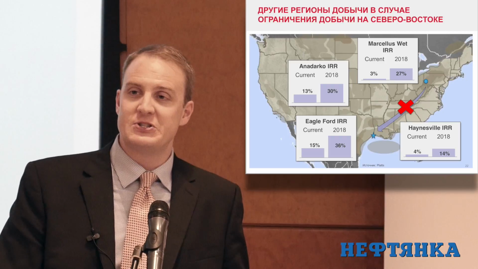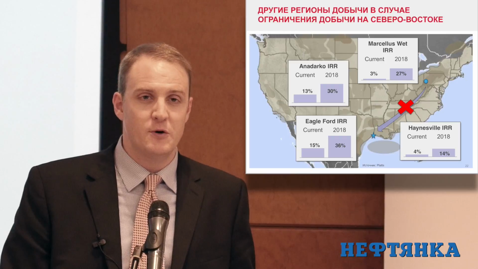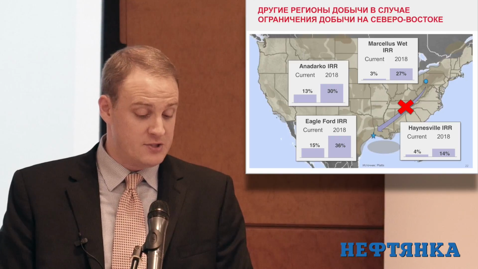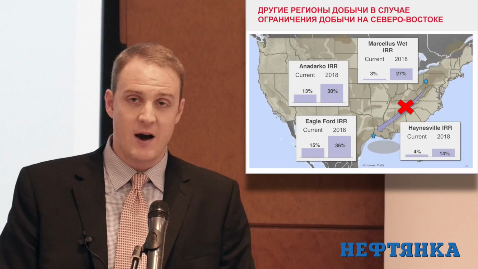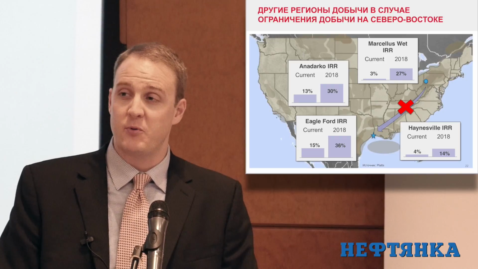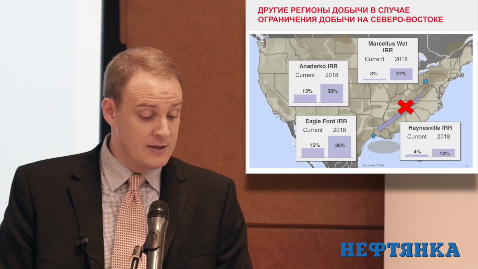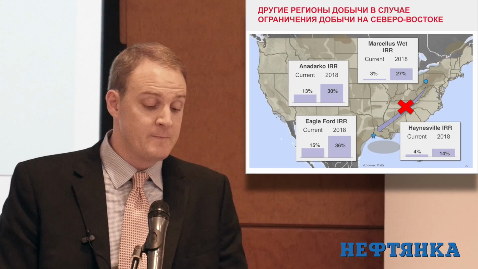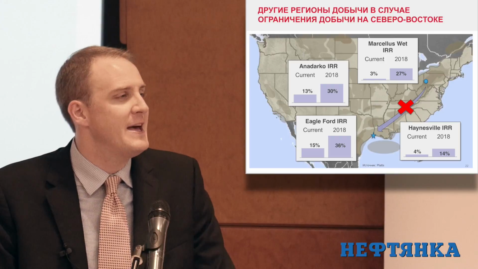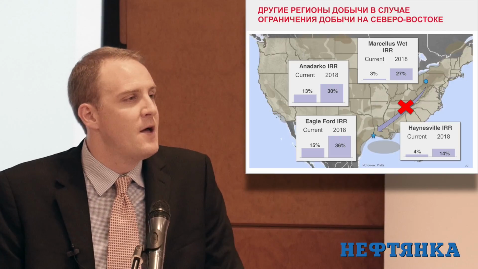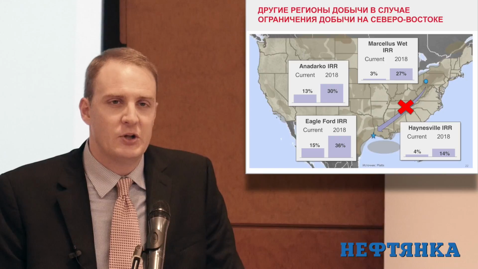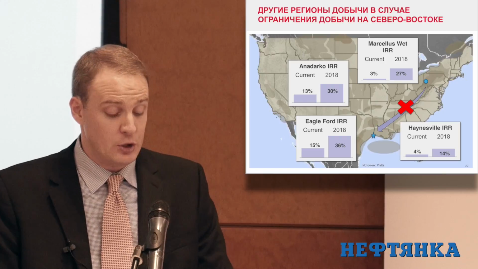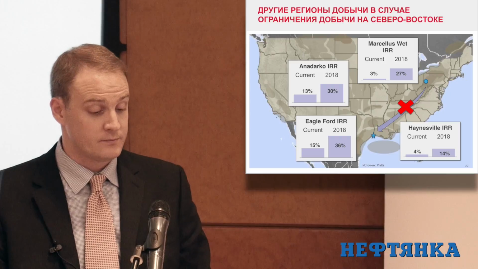But if that infrastructure is not yet available to move excess gas to market, there are several other plays that do have connectivity to market that will be in the money at a $3.50, $4 Henry Hub price. So despite that infrastructure constraint, a high enough price signal will increase production in the U.S. regardless.